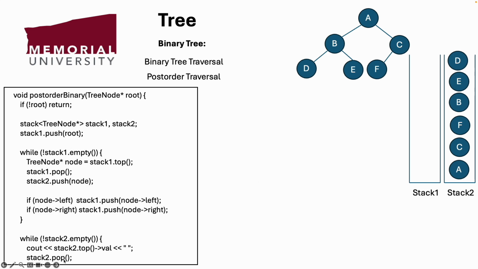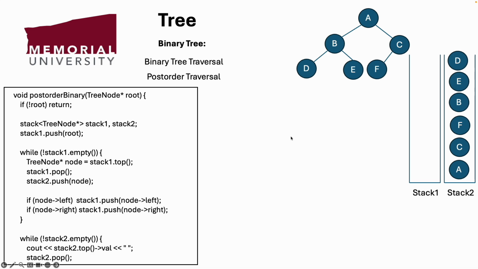Then we're going to the next while loop. For this while loop, it checks whether stack 2 is empty or not. Of course, stack 2 is not empty. Then what they're going to do here is print the top of stack 2 and then pop it, for each of the elements of stack 2.